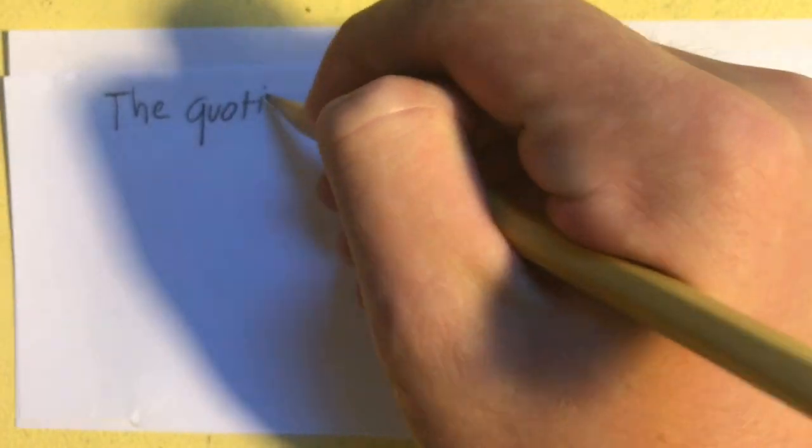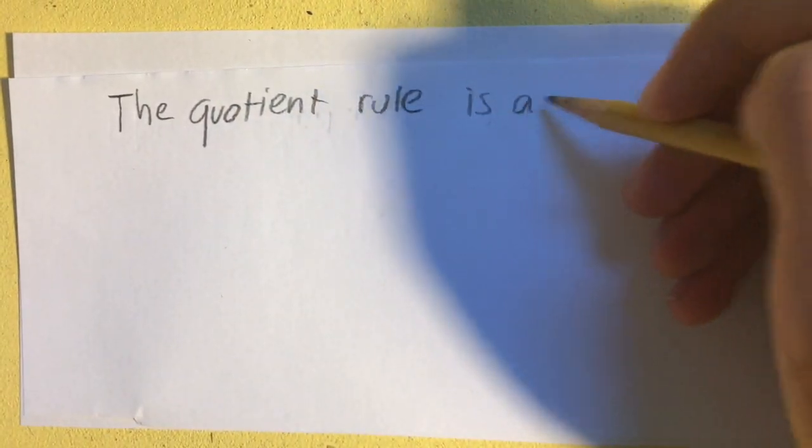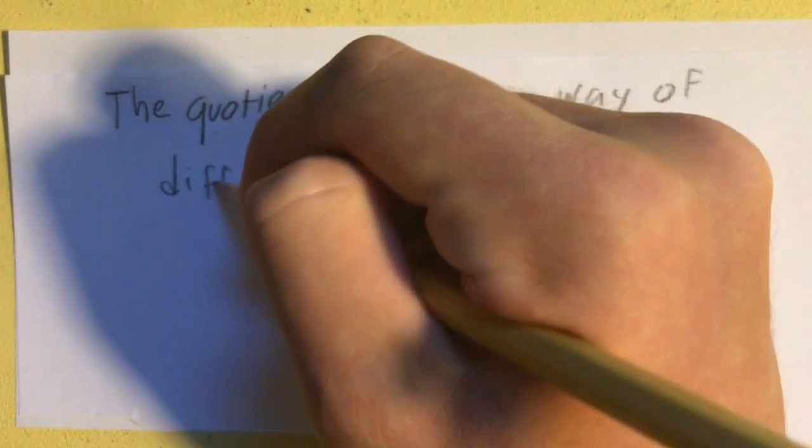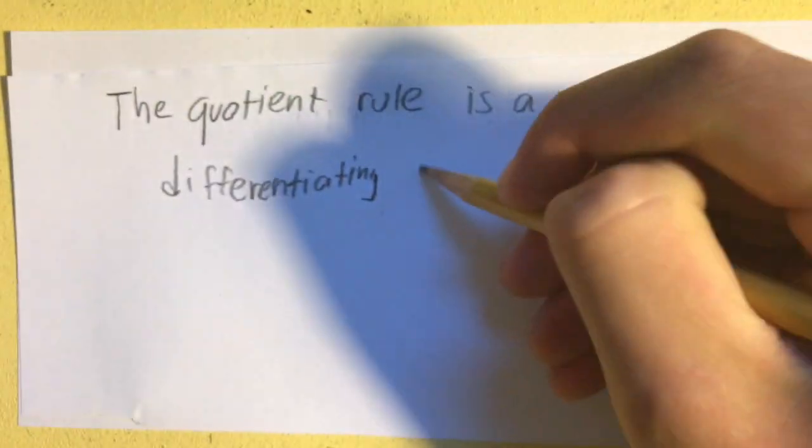So the quotient rule, according to the internet, the source of all information in this world, is a way of differentiating the quotient of a function.